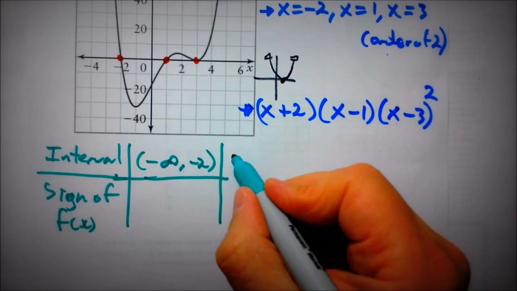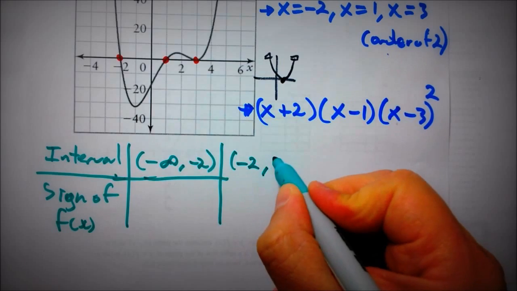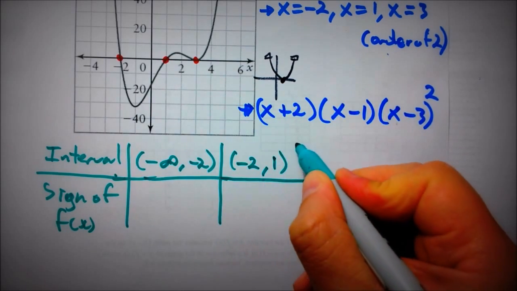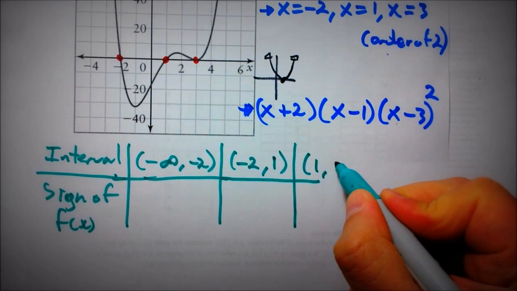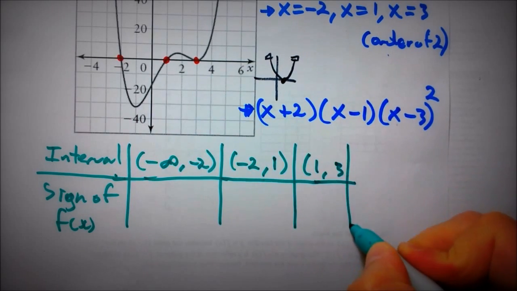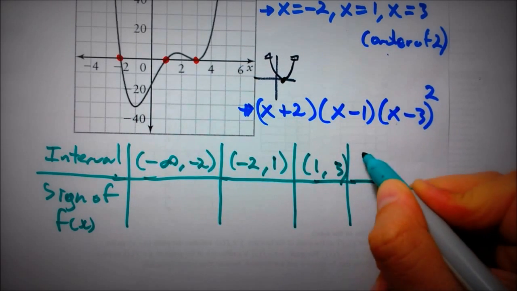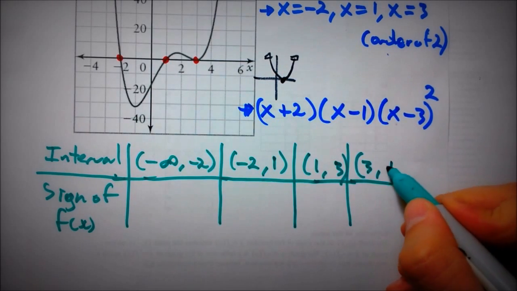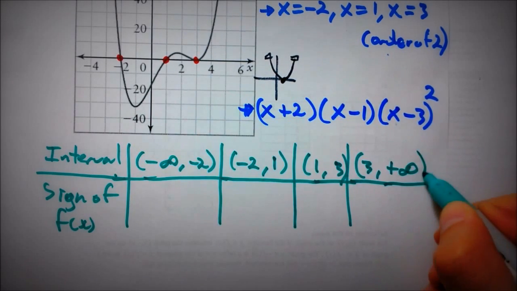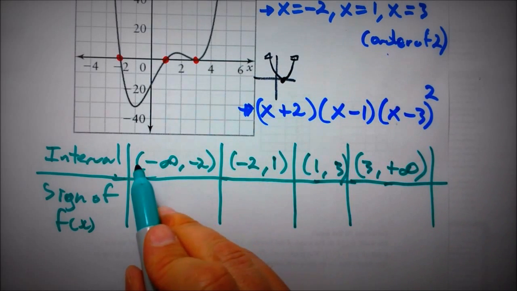From -2 to 1, how the function behaves. Then from 1 to 3, how it behaves. And then from 3 to positive infinity.